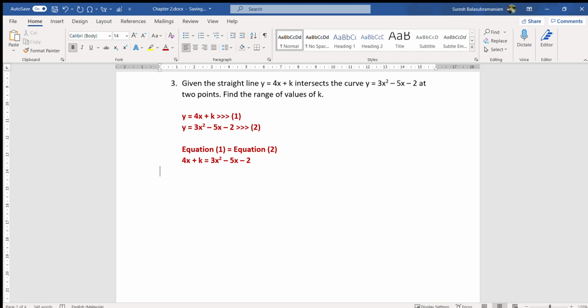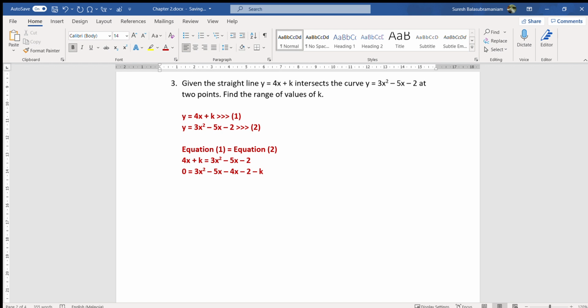Okay, rearrange. 0 equals to 3x squared minus 5x minus 4x minus 2 minus k.